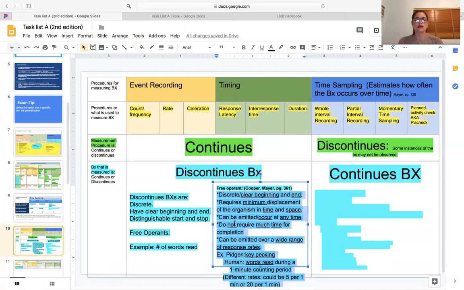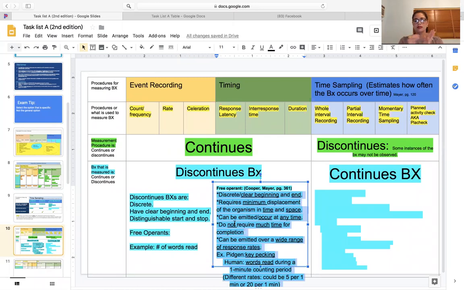Anybody want to give me an example? An example that I had in the book is the pigeon when he pecks the key in the experiments we always see Skinner do.